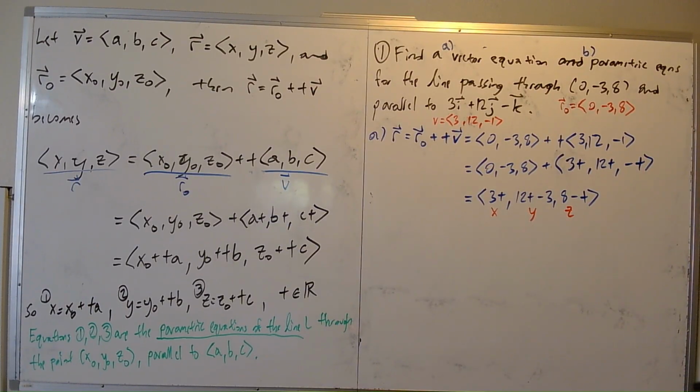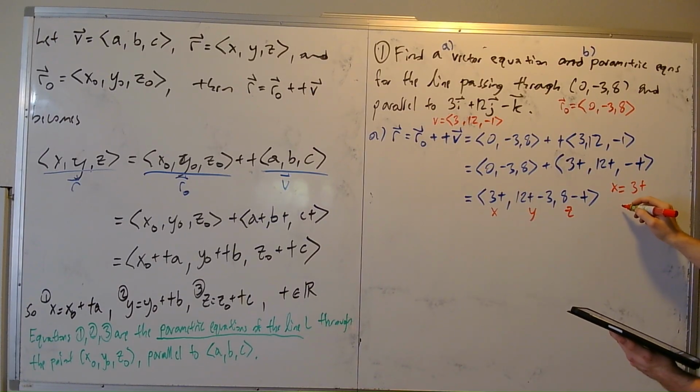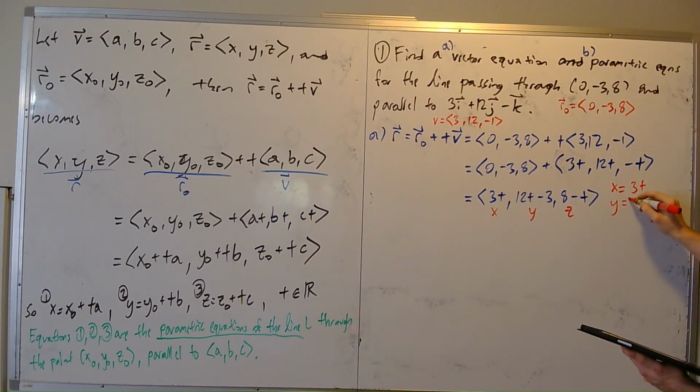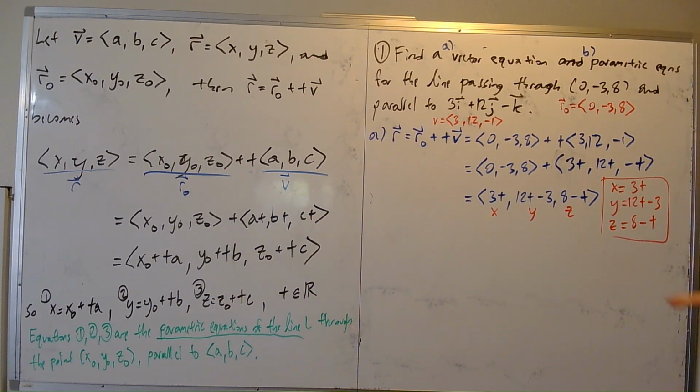So this is our vector, but we can go ahead and write down the equations of this vector. The x component is 3t, the y component is 12t minus 3, and the z component is 8 minus t. So these would actually be our answer, because these would be our equations for the vector.